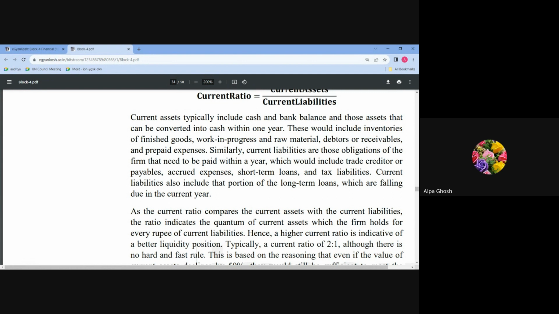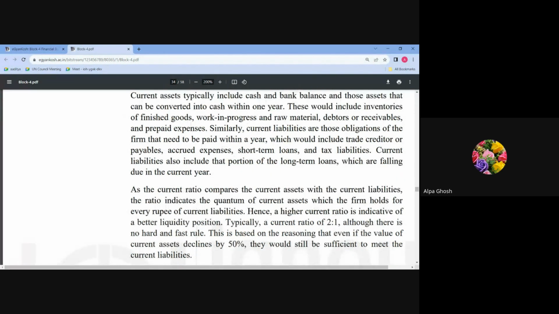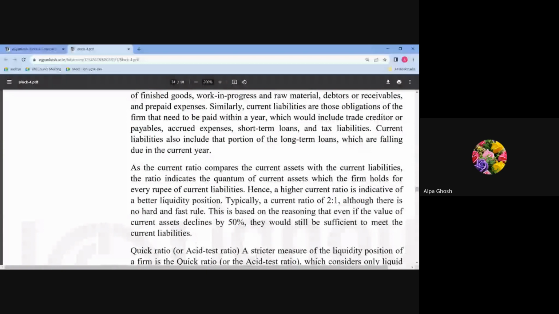Now coming to the next one. See, you can see here, I'm just highlighting. They are saying that the current ratio should be 2:1. Why? There is no hard and fast rule. Even if you go with 1:1, then in that case, you have to be very vigilant related to the combination of your current assets. You should not have current assets more with receivables.